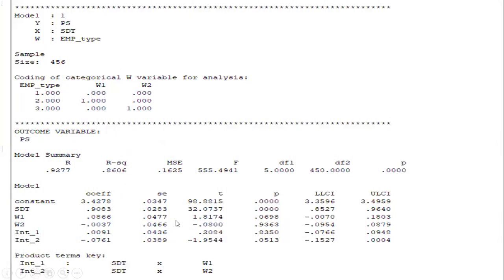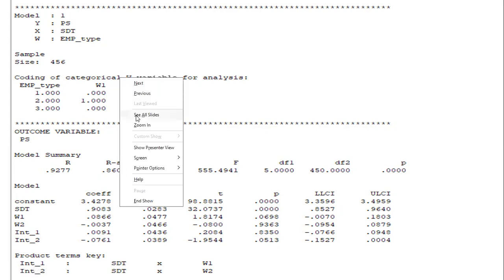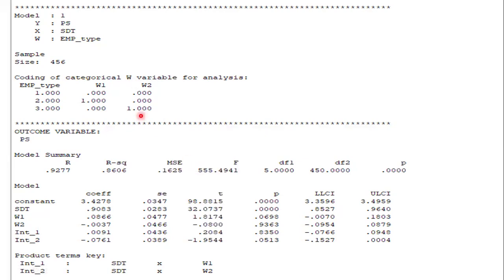Whenever you see the results of your simple moderation analysis with a categorical moderating variable, you need to understand how many categories there are. There is always a reference category and 2 dummy categories.